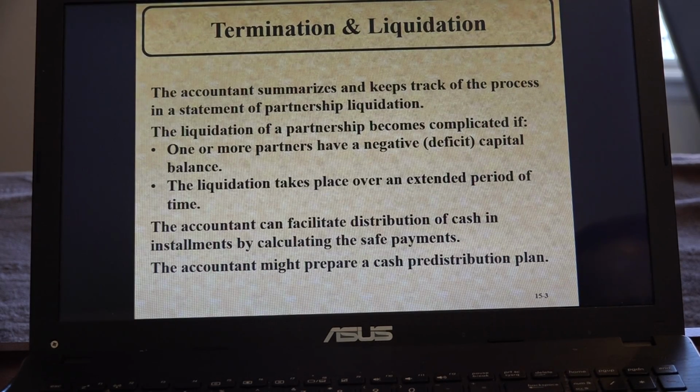The cash pre-distribution plan would just be an indication of what the accountant believes will be the cash after the sale of non-cash assets, and then take that cash to pay the liabilities, and whatever's left over goes to the various partners.